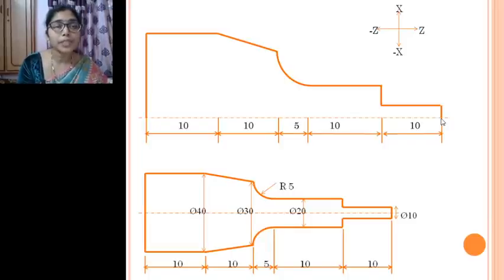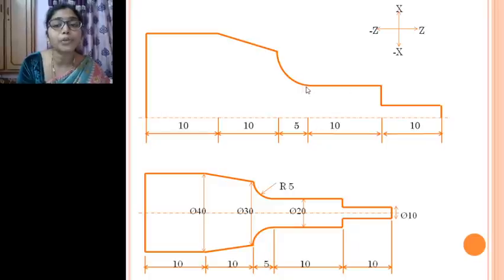Now we have to know where it has to move and how it has to move. To tell the tool that it has to move to this point, this point, this point, how will it know? It will know only when we define these particular points in terms of coordinates. What is this point? What is this point?